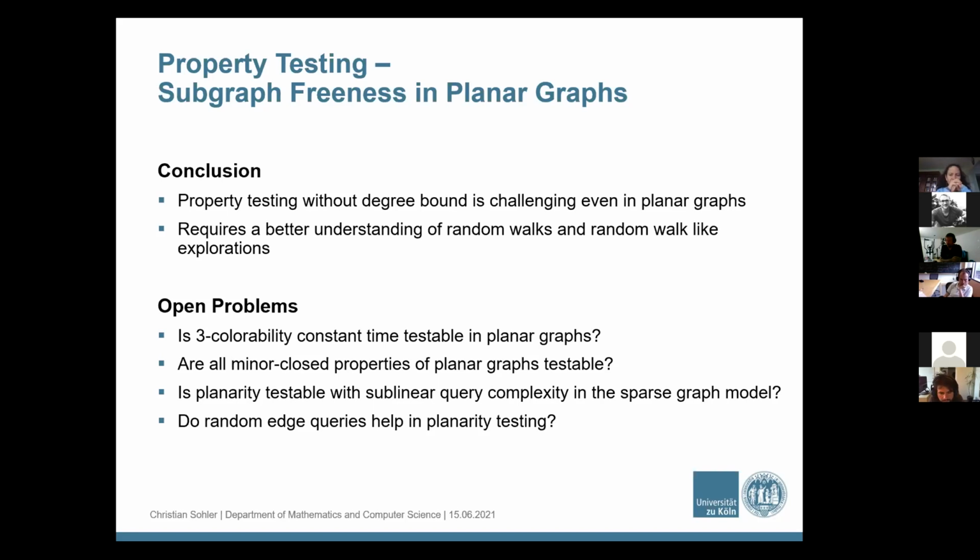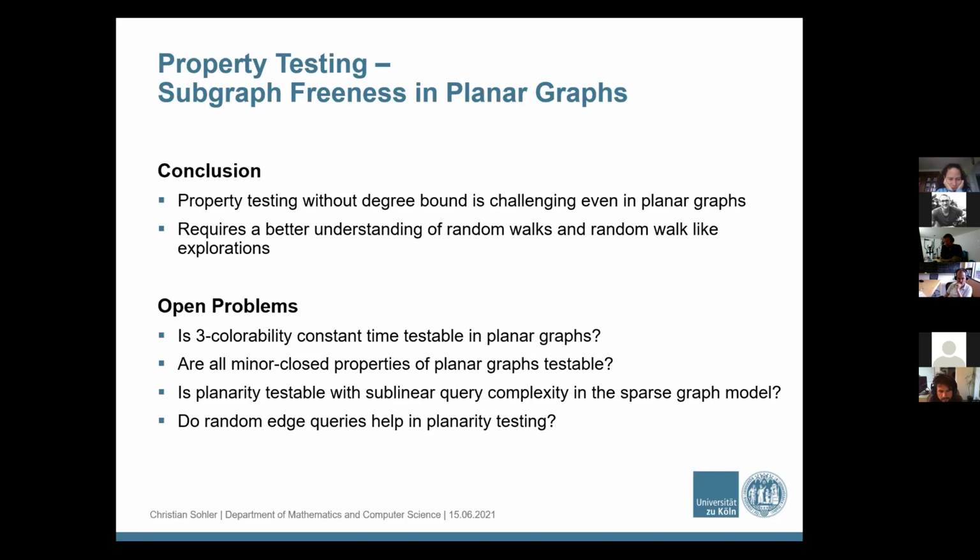So there's no hope for a constant query complexity tester here, because you could simply have a clique of root n vertices, and finding this clique takes root n time. And so testing planarity requires at least root n time.